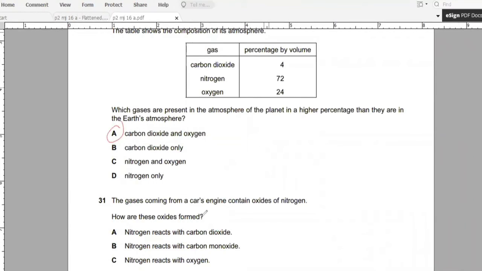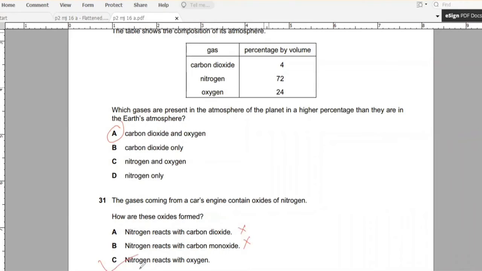31. The gas coming from a car engine contains oxides of nitrogen. How are these oxides formed? It is simple. Nitrogen has to react with oxygen. Which option? Nitrogen reacting with carbon dioxide is wrong. This is also wrong.